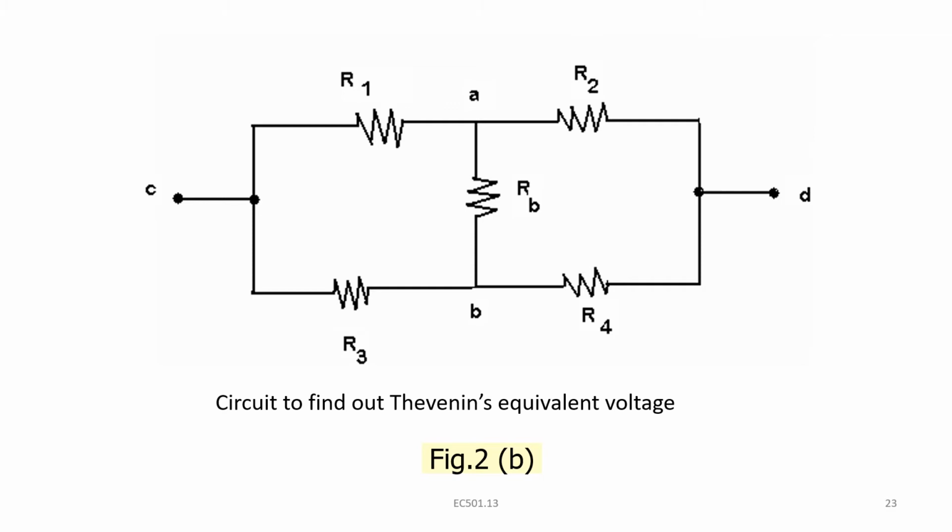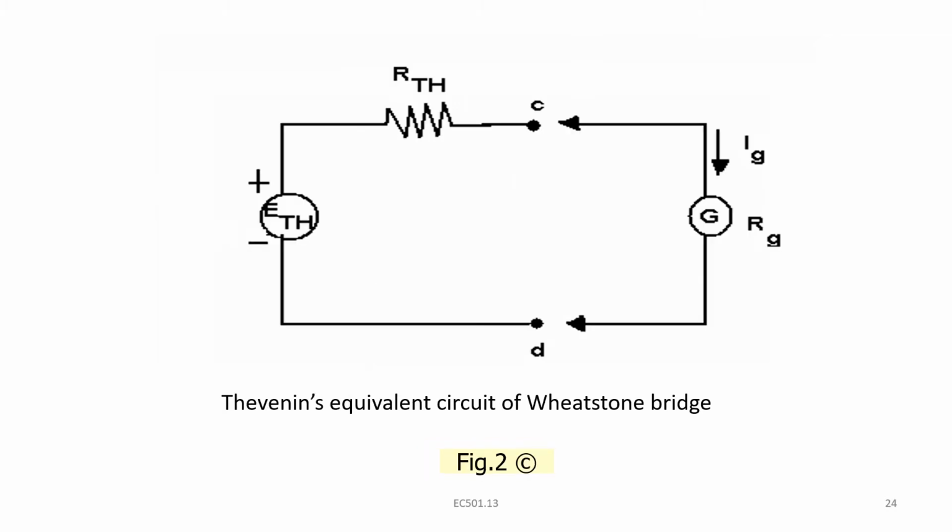Now, to find out the Thevenin's equivalent voltage, we can draw the circuit in this way. So, this is the Thevenin's equivalent of the Wheatstone bridge. As we know, E Thevenin is the Thevenin's voltage across the terminals C and D, and R Thevenin is the Thevenin's resistance found out in the previous circuit.